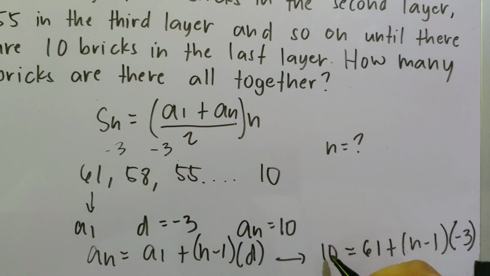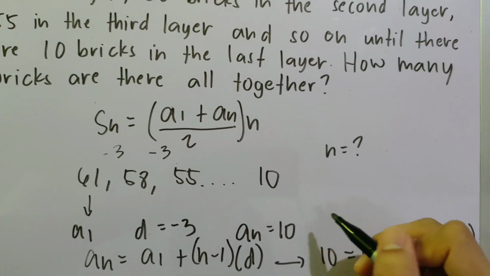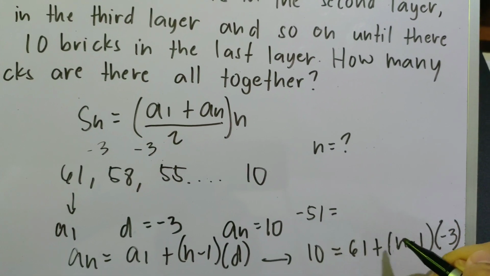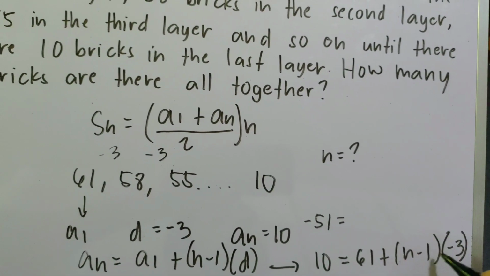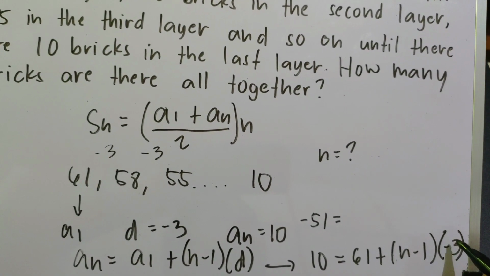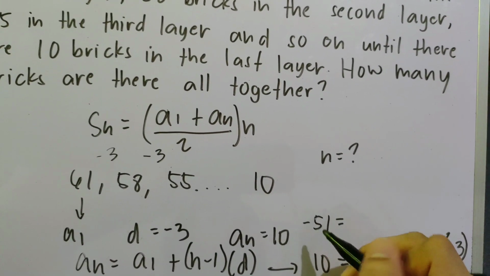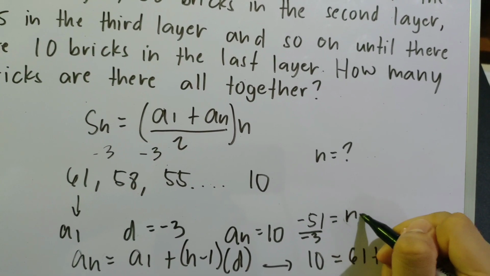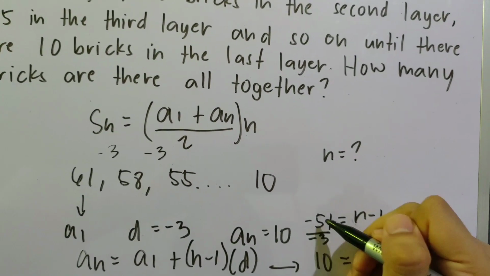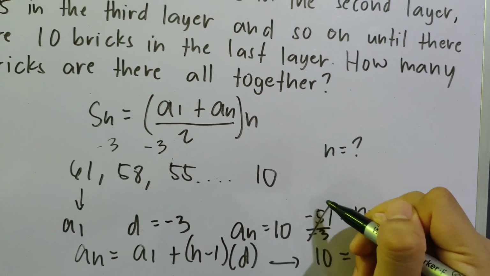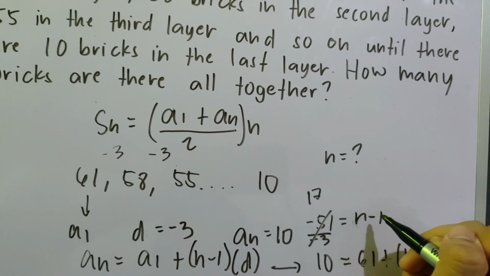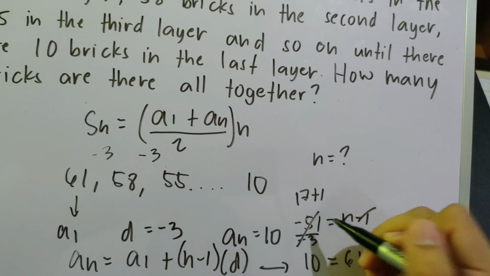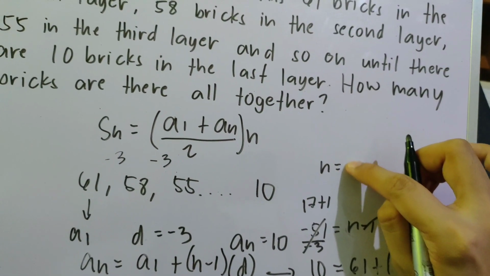Itong 61, kapag nilipat mo sa kabila, magiging negative 61. So, 10 minus 61 ay negative 51 is equal to n minus 1 times negative 3. So, ilipat na rin natin yung negative 3 sa kabila. So, divide natin yung negative 51 ng negative 3. So, ito ay equal to n minus 1. So, pag sinolve mo to, ito magiging 17. At pag nilipat mo yung 1 sa kabila, magiging plus 1. So, ang n natin ay equal to 18.